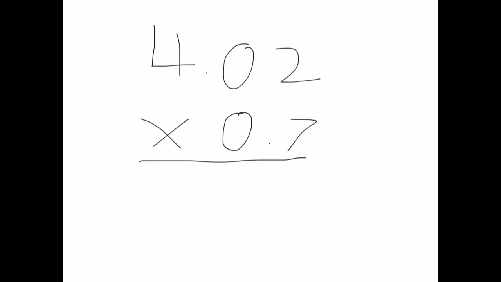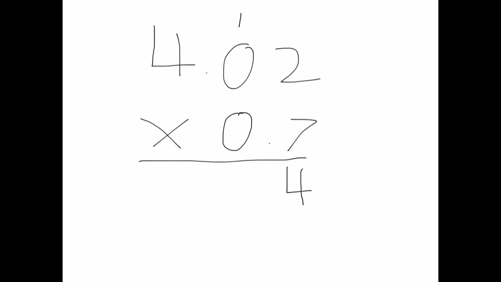So I'm going to be multiplying decimals, and because it's multiplying, we'll worry about the decimal points later. So first, you do 7 times 2, and that will equal 14.